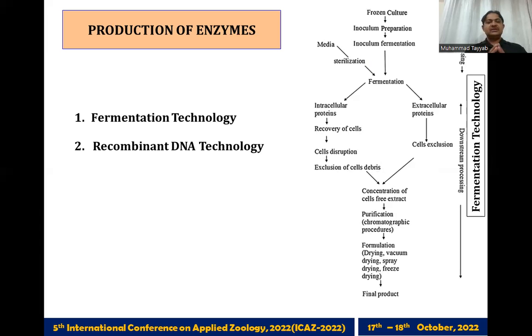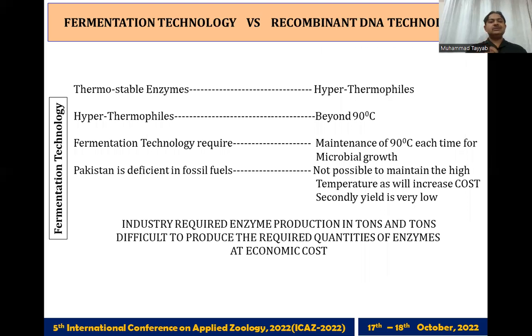Before going towards recombinant DNA technology, let's have a little description of a comparative analysis of fermentation technology versus recombinant DNA technology. In fermentation technology, we utilize wild type cells for the production of enzymes.